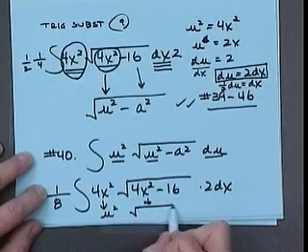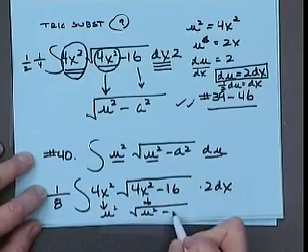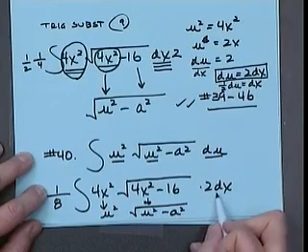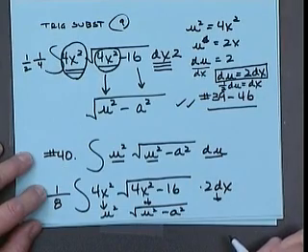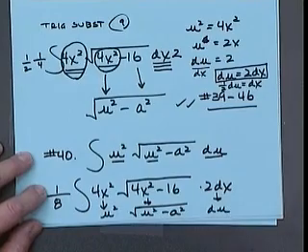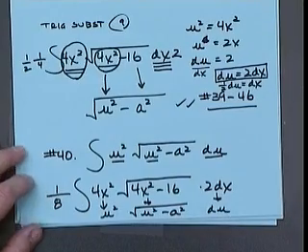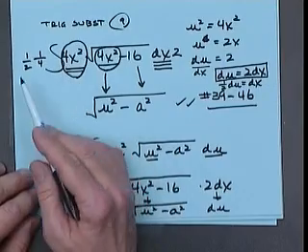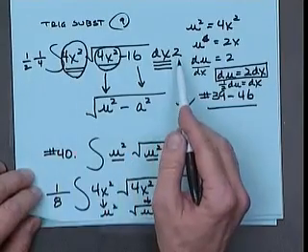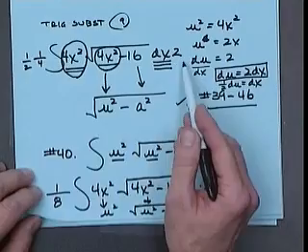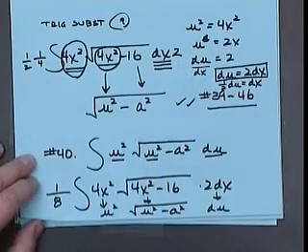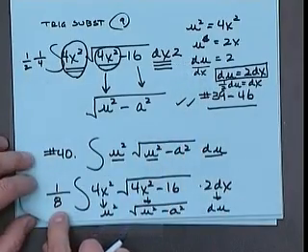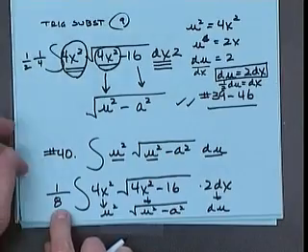This whole mess is u squared minus a squared. And what is 2 dx? It's du. So don't we have it now exactly? Yes. So we had a couple of corrections. We needed a 4. We didn't have it. We manufactured it, compensated for it. We needed a 2. We didn't have it. We manufactured it, compensated for it. So now all we need is to put a 1/8 out in front of everything.